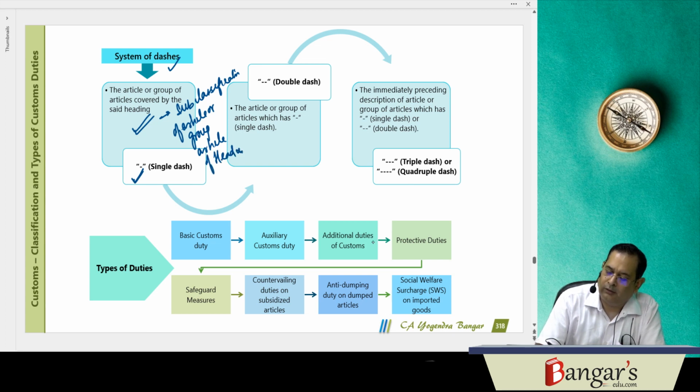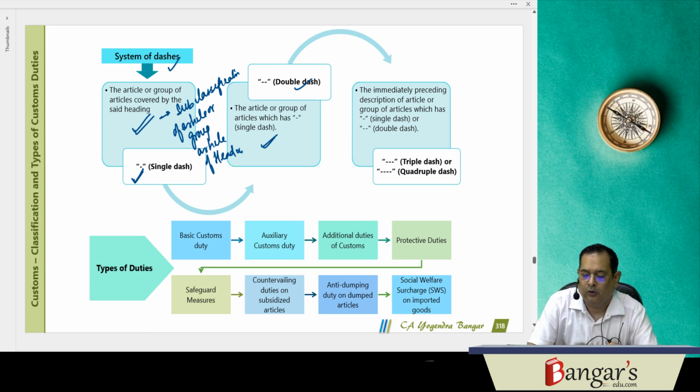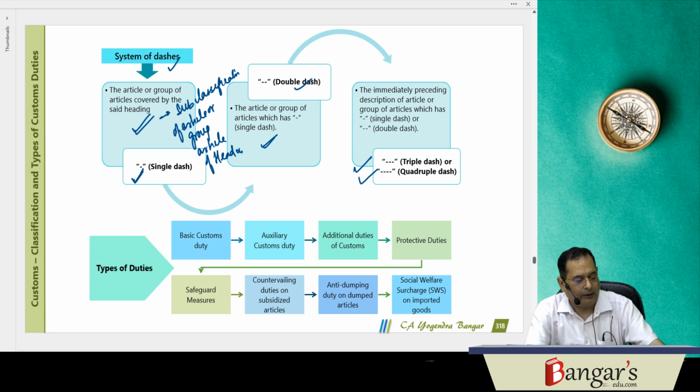Then double dash will be taken to be a subclassification of the article or group of articles which has a single dash. Then we have triple dash and quadruple dash. The said article or group of articles shall be taken as a subclassification of the immediately preceding description, which is a double dash, or triple dash, single dash, or double dash.